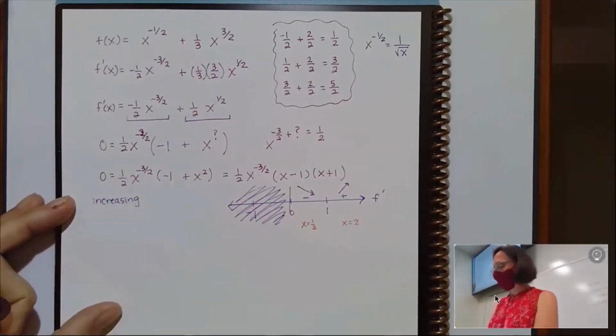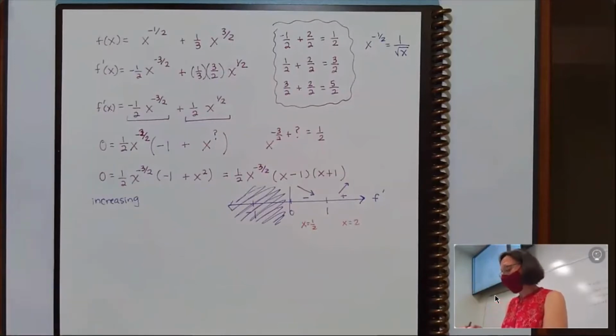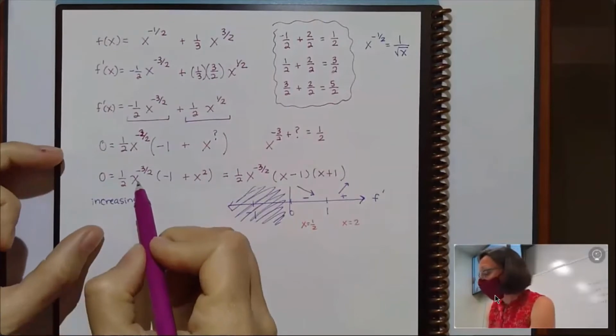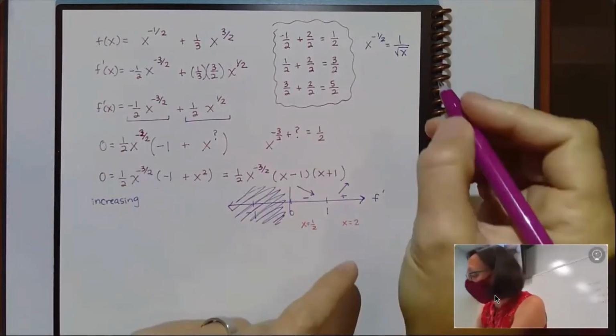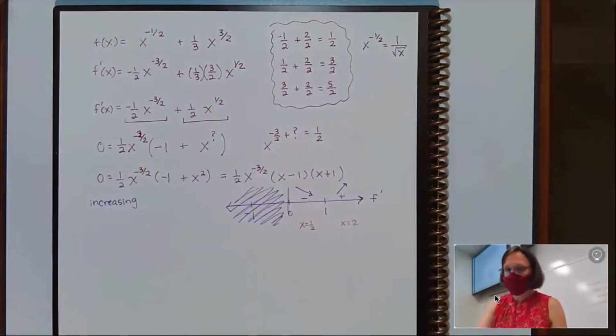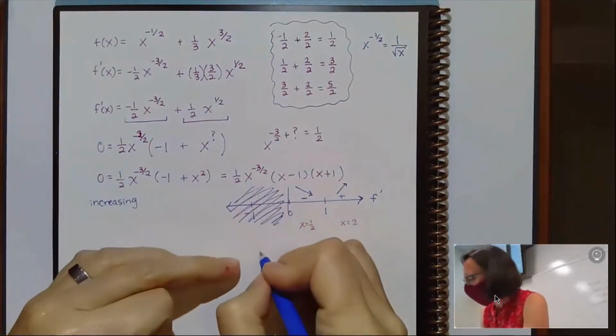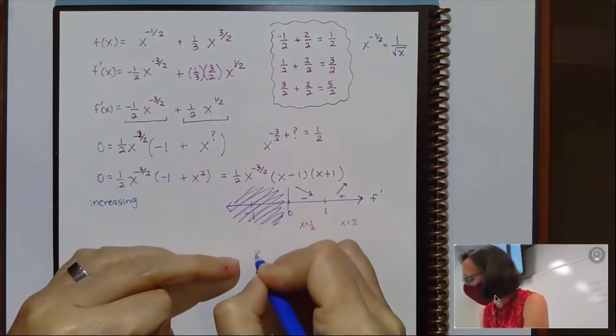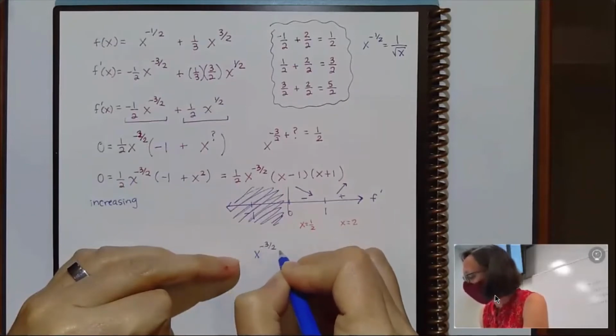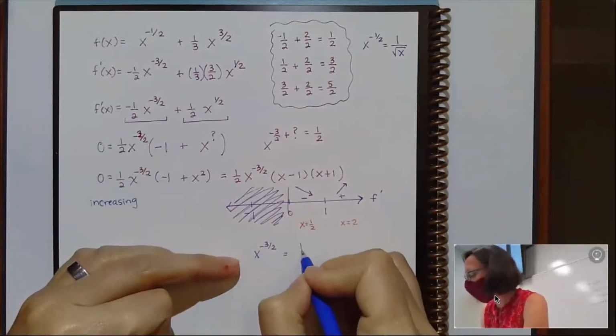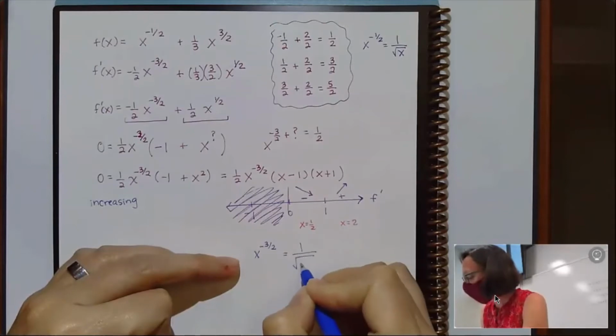Someone asks about x to the -3, 1 over 2 times the square root of x to the -3rd, and says they don't understand how. Oh yeah, good question. So, the x to the -3/2, I'll just write it here. x to the -3/2 is like saying I have 1 over the square root of x cubed.